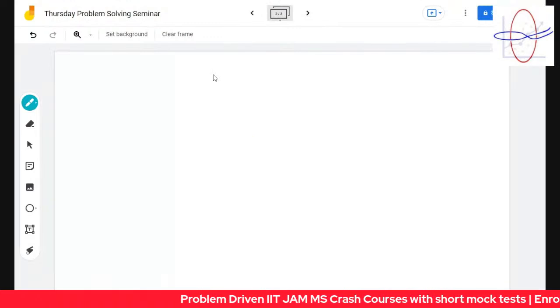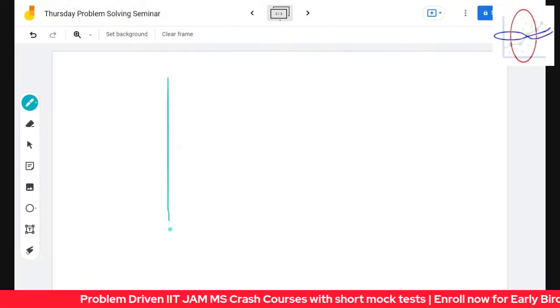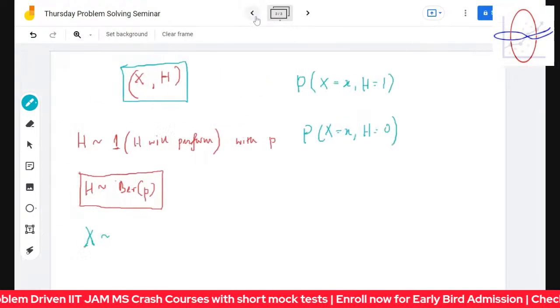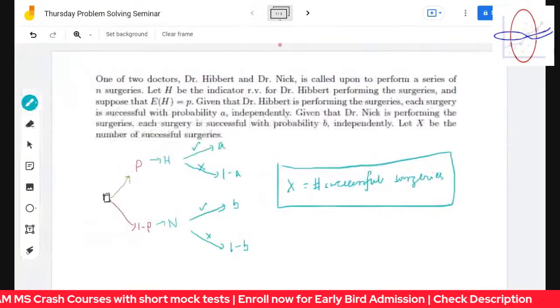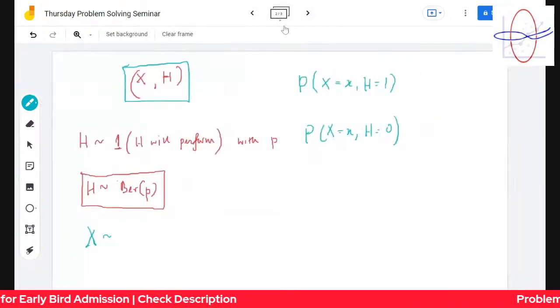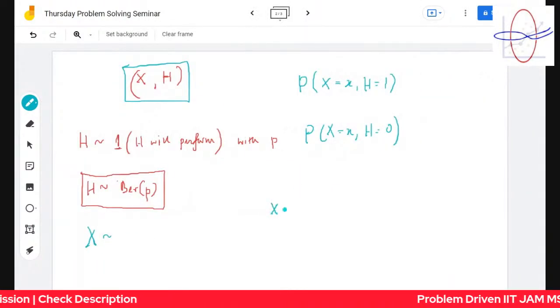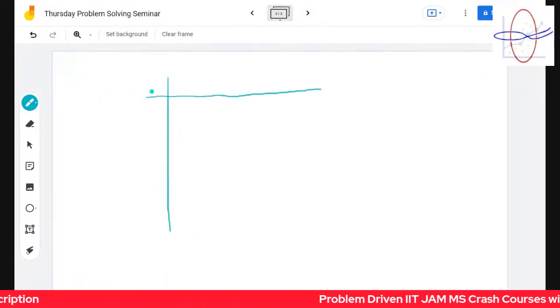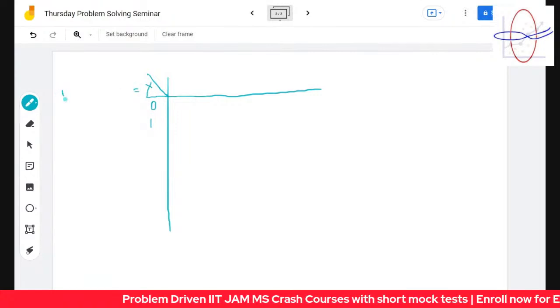So if you draw, X is the number of surgeries. So n surgeries are there, and X is the number of successful surgeries.